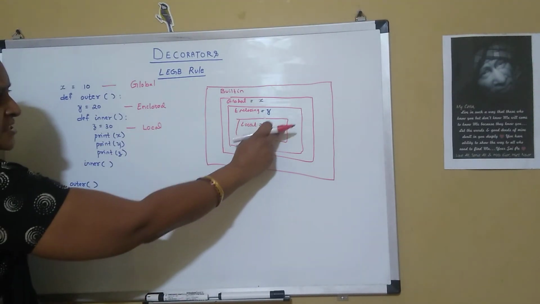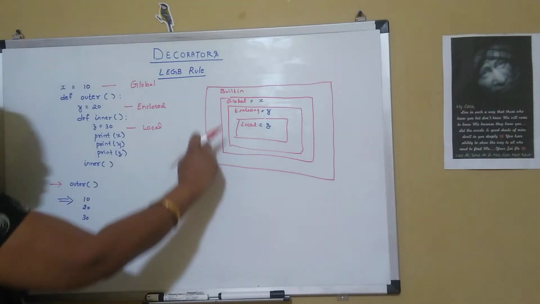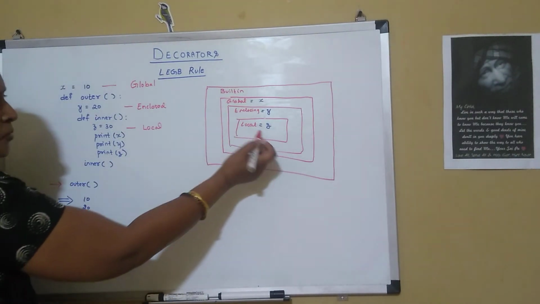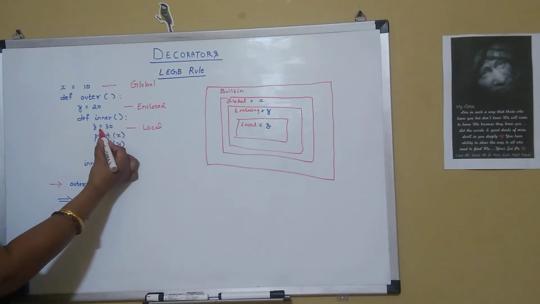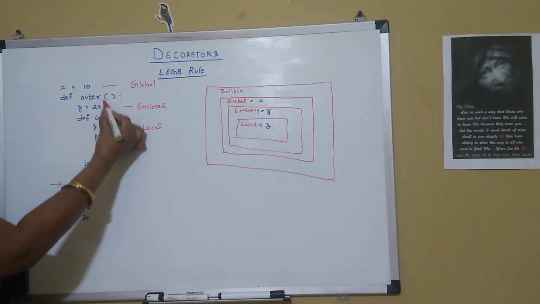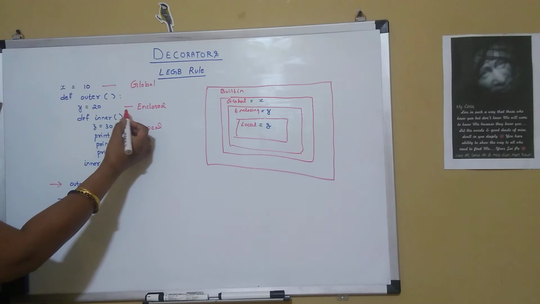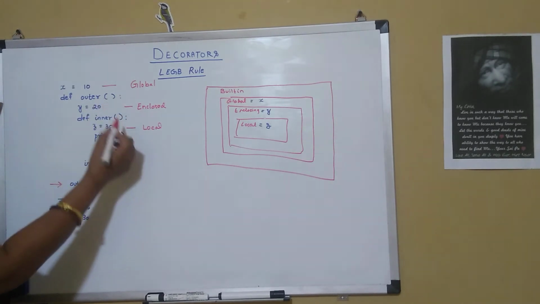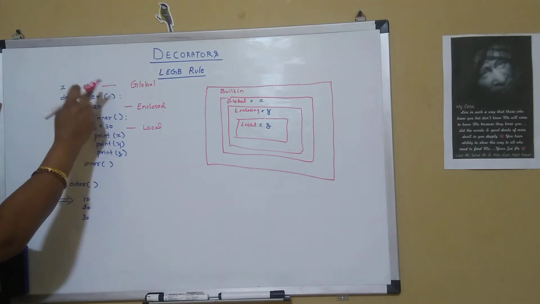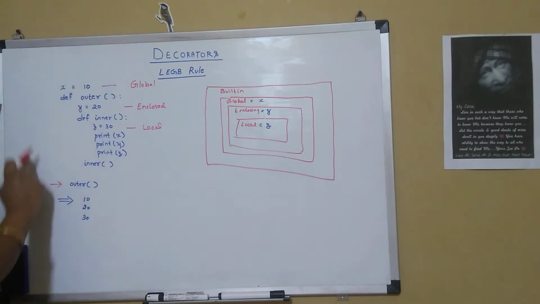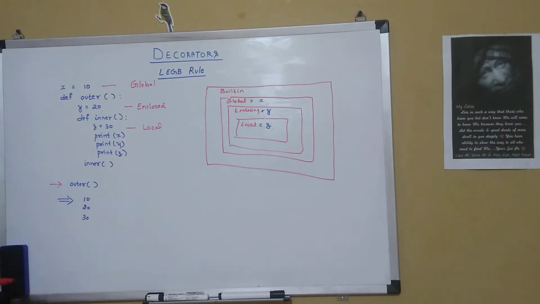And the variable z is not accessible within the global program as well. So the local function can access its own variables, enclosed variables and global variables. But the enclosed function cannot access the local variables, and the program cannot access the enclosed and local variables.